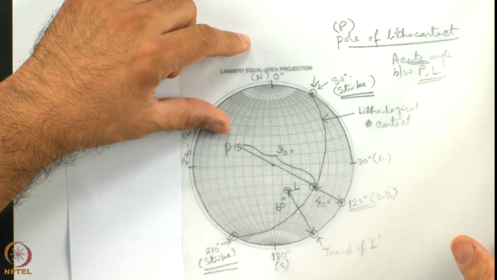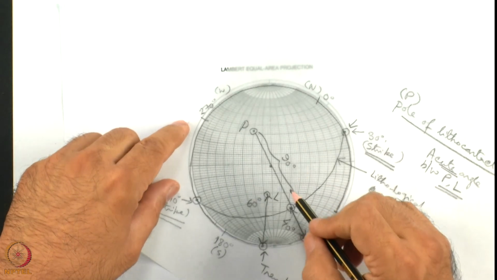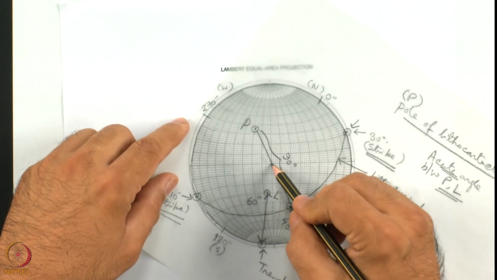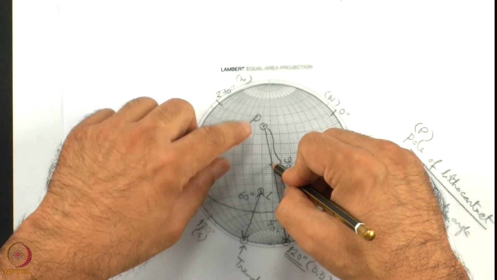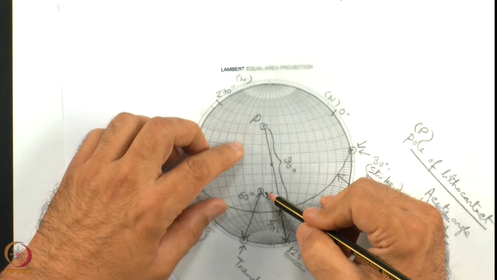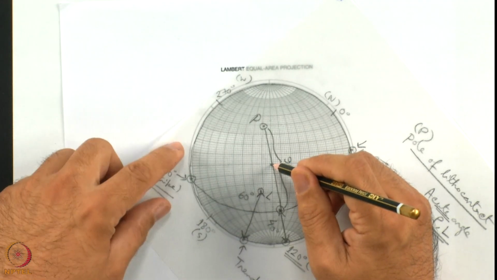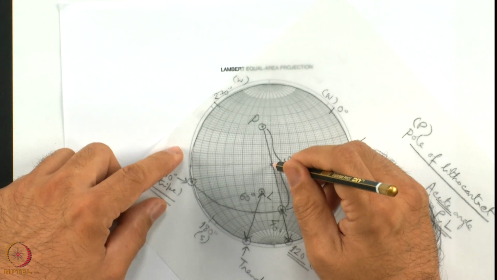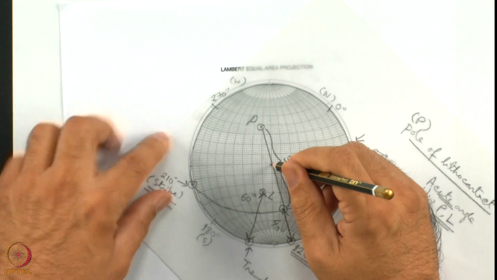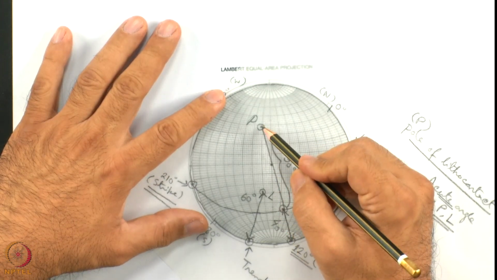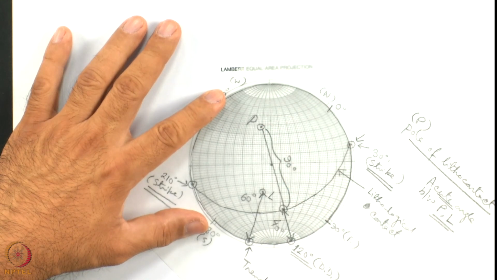To do that, I have to keep rotating the tracing sheet, maintaining the center to be the same, and look for an opportunity when I can draw a great circle passing through P and L. And after trial and error and some rotation, I can see P and L has fallen on a single great circle that I am going to draw now.